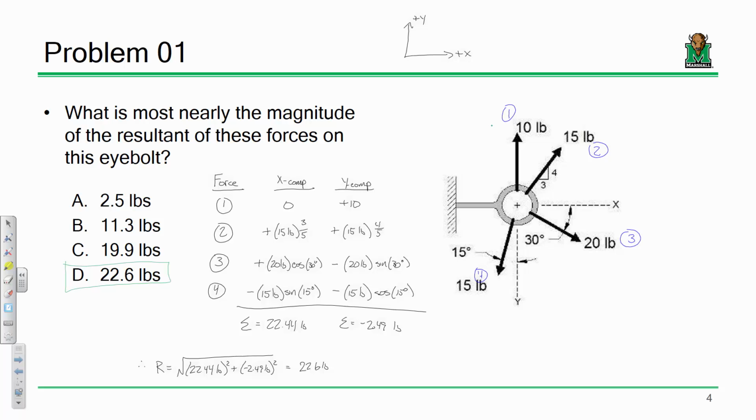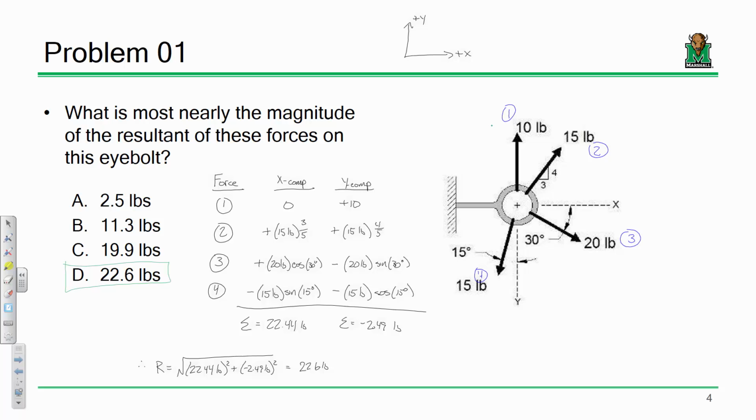Another point worth making about this problem is to look at the magnitudes. I can tell you the resultant's going to be in this quadrant, but is this angle going to be a big angle or a small angle? It's going to be small, right?